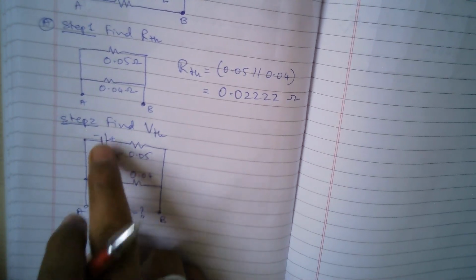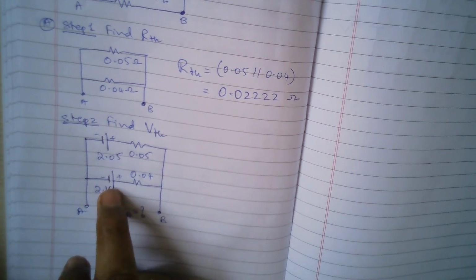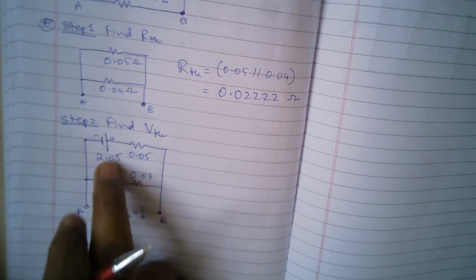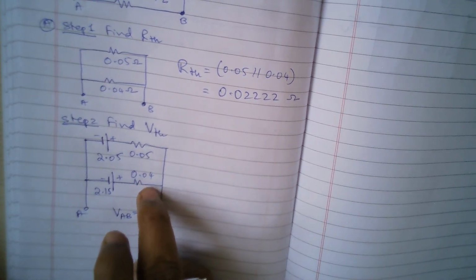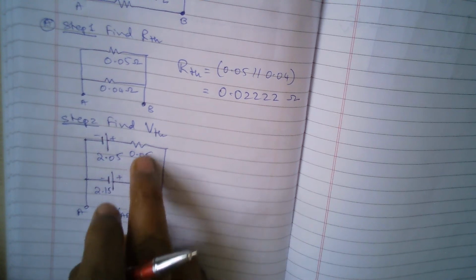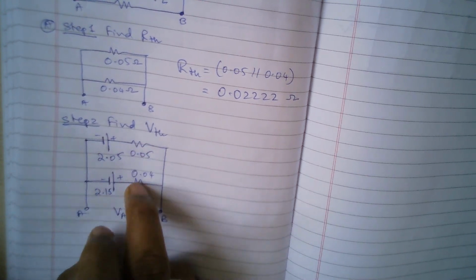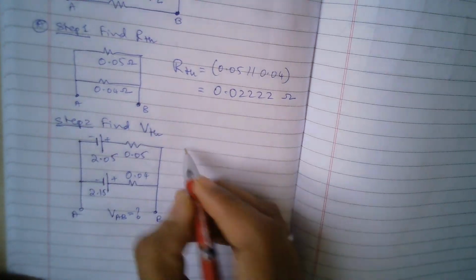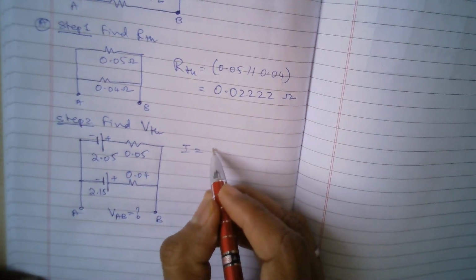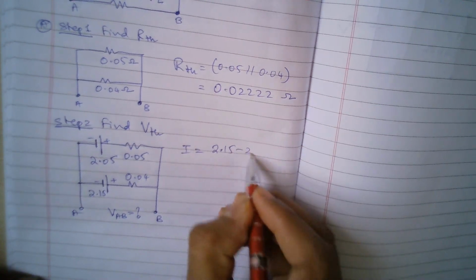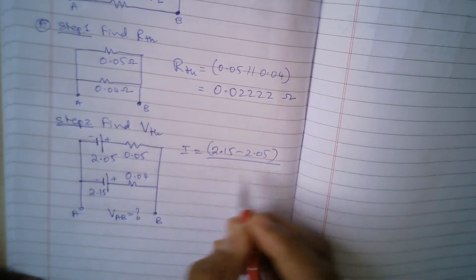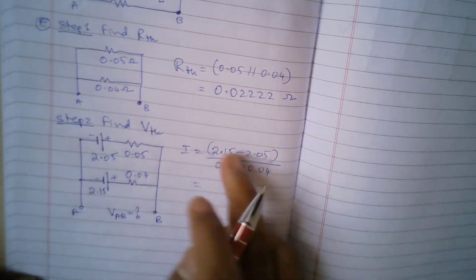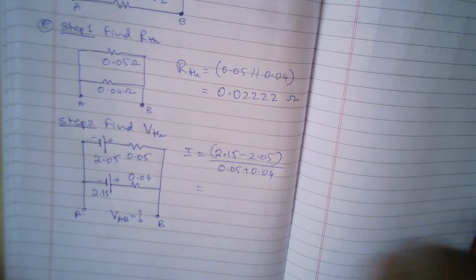Therefore the net resultant voltage will be whichever is higher. 2.15 is more than 2.05, so the net voltage will be the difference of these two, and then the current will be the net voltage divided by the total resistance. These two will be in series now, 0.04 and 0.05. So the current will be simply 2.15 minus 2.05 divided by 0.05 plus 0.04, the total voltage divided by total resistance.